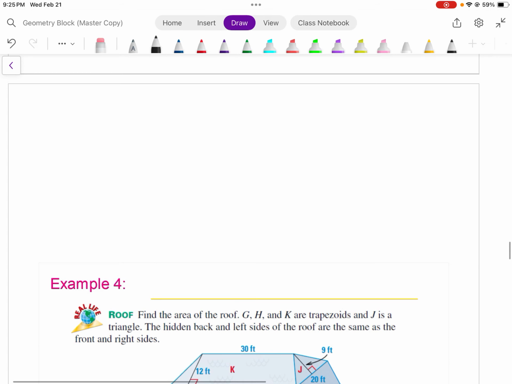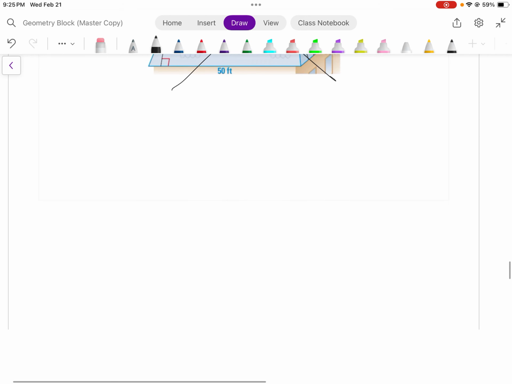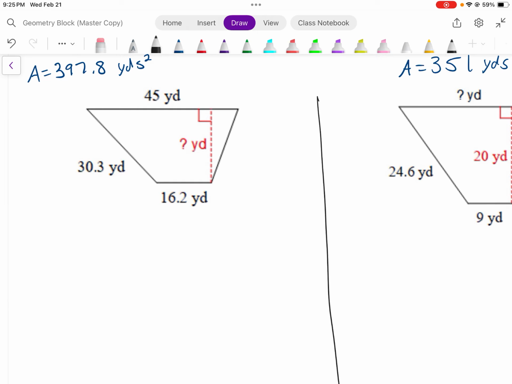Now, let's look at a situation where I give you the actual area. We're still not going to go away from what we've just done. This may be a little bit more difficult, but you identify it as a trapezoid. I have a trapezoid, I'm using that formula.